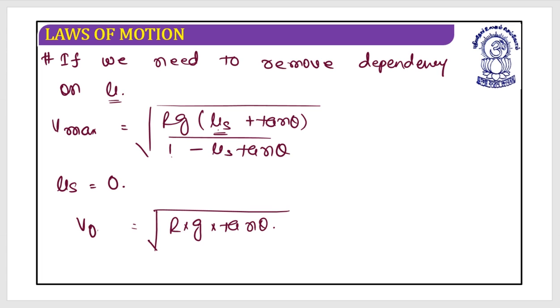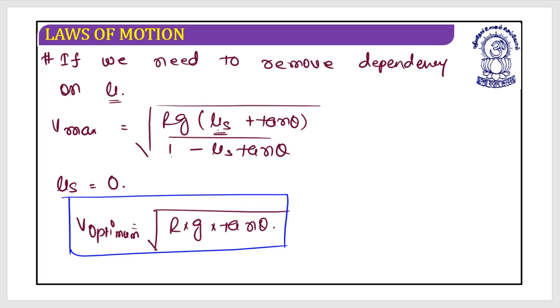So this is the optimum speed, that we call as V optimum. V optimum should be written as root of Rg into tan theta.